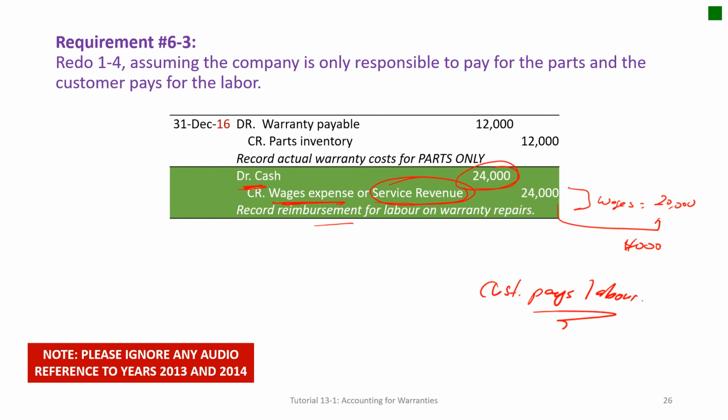So if we wanted to know what the profit on servicing that warranty is, we would have to know that the wage cost maybe were $20,000, and so on servicing defective products, we make $4,000 profit or something like that, right? So, but suffice it to say, it's either a direct reimbursement of the costs incurred by the company by having people do the work, or it can be considered service revenue.